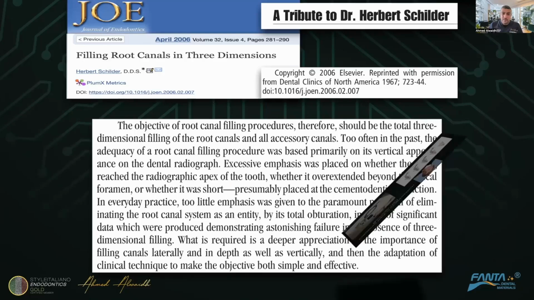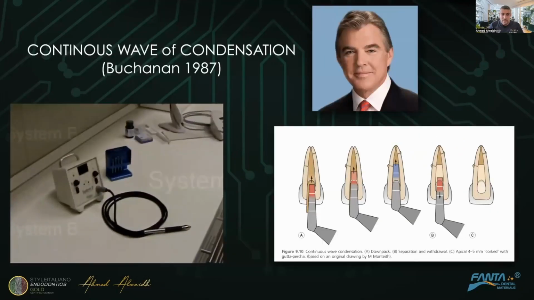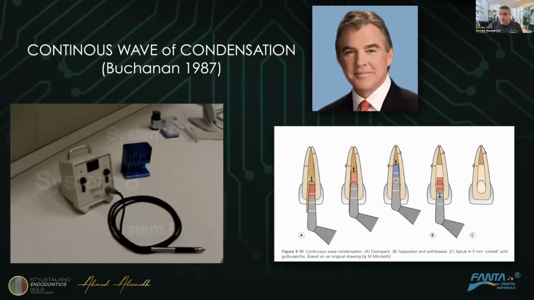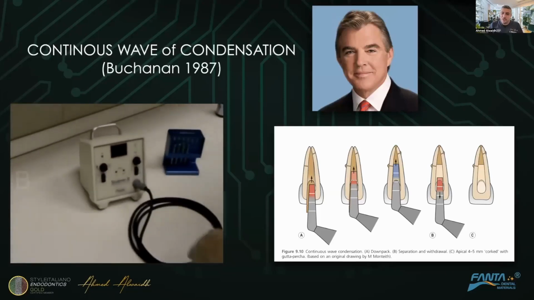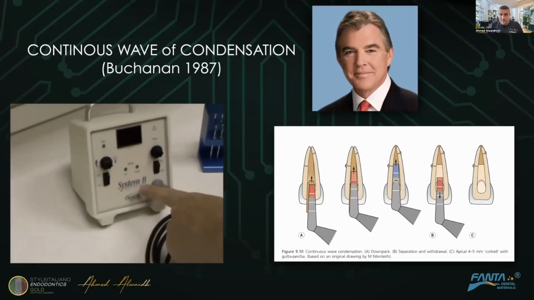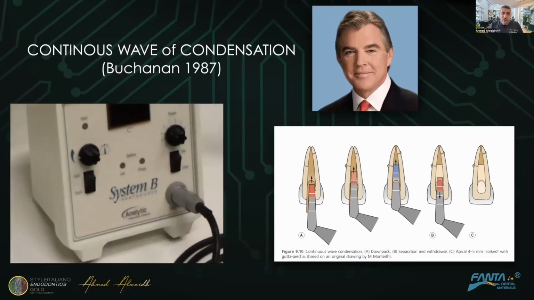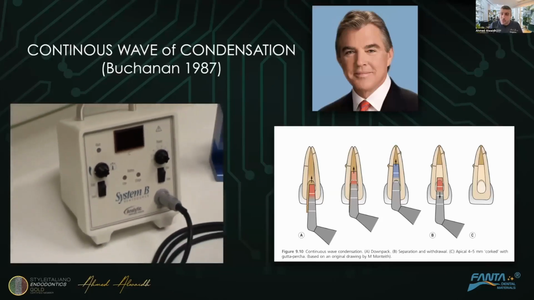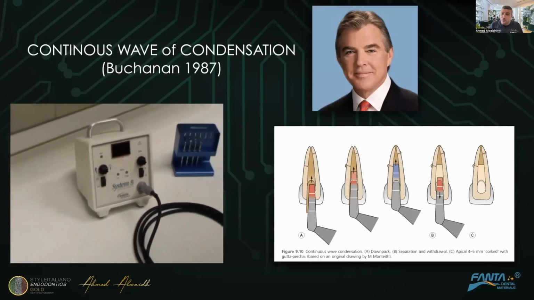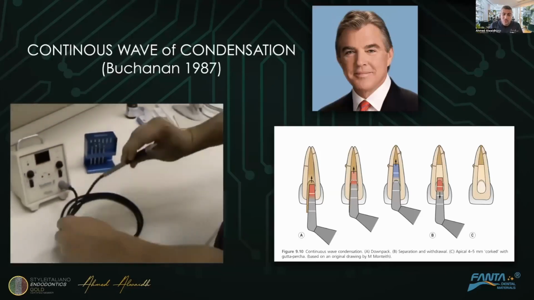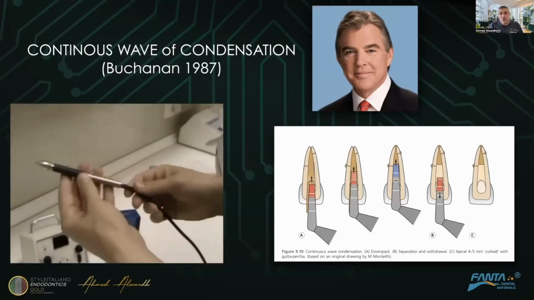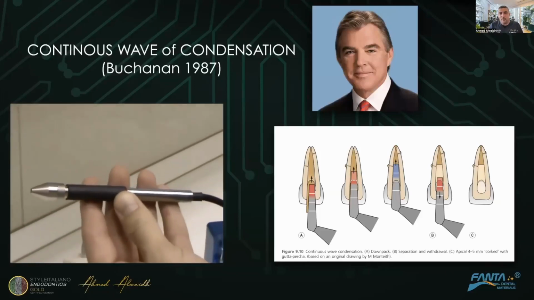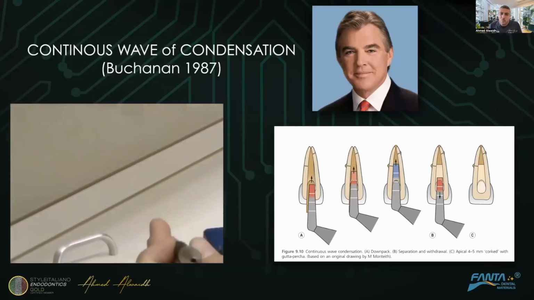And then, years later, we had Buchanan. He made a modification to the Schilder technique. He made the continuous wave of condensation, where he introduced System B, which has a heat source that can give continuous heat while compacting.